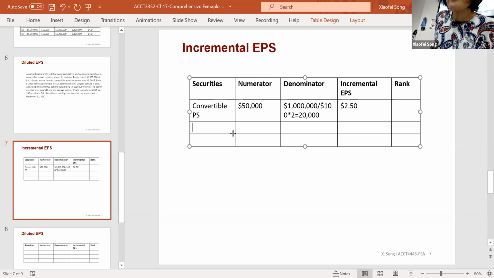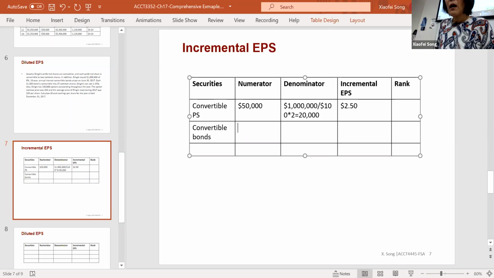And then we have convertible bonds. Each $100,000 bond is convertible to 25 shares. We also have $1 million. Also, this is a numerator item.